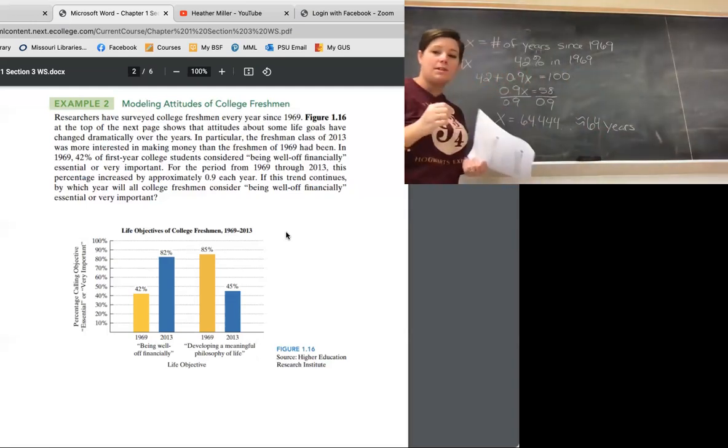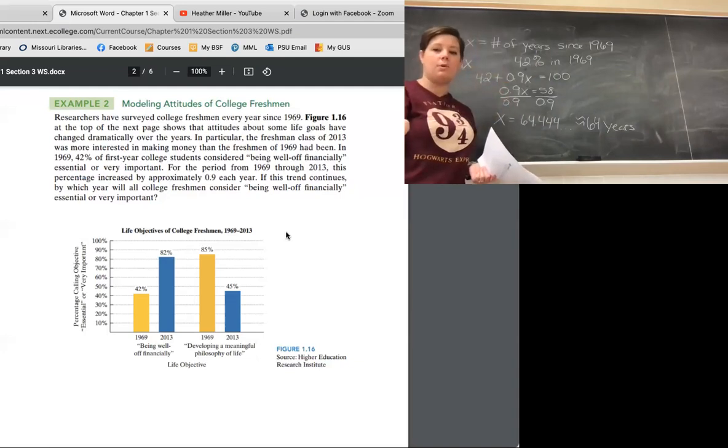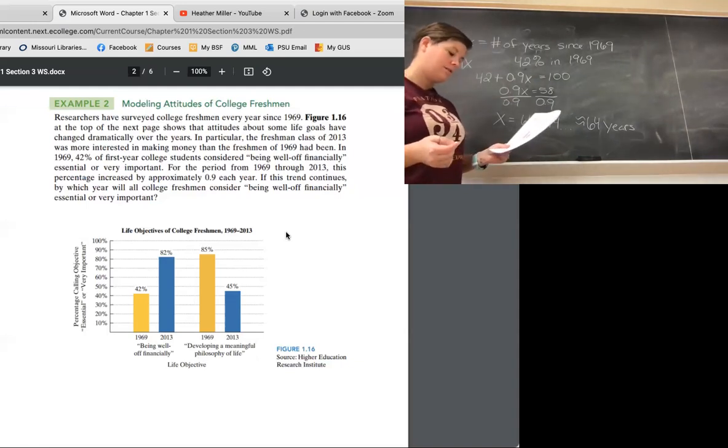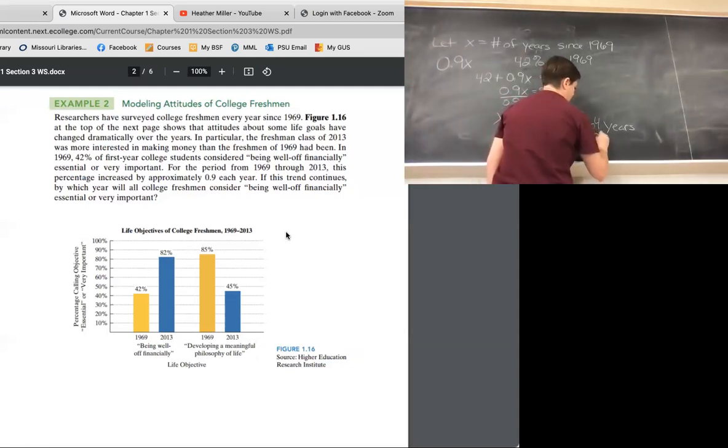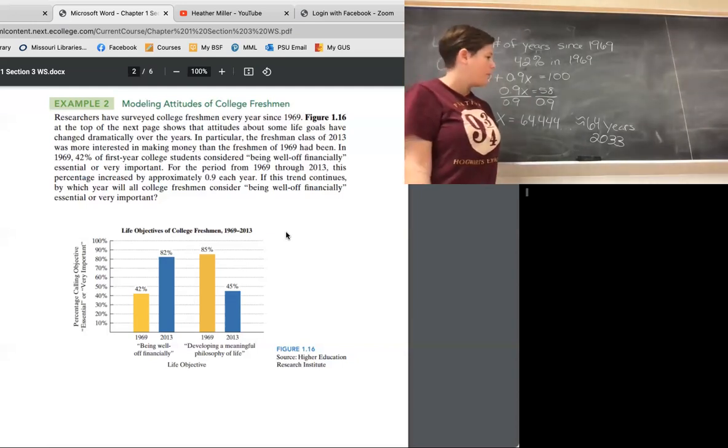So it's going to take about 64 years from 1969 in order to get to 100%, where 100% of incoming freshmen think that being financially well off is the most important thing. Well, 64 years is about 2033. I took 1969 and I added 64 years.